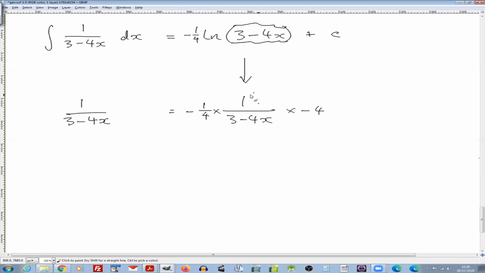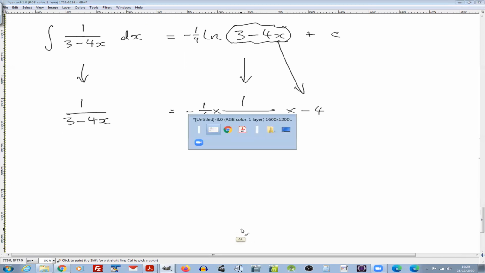Well, of course, I would say 1 over all of that multiplied by the derivative of the inner function, and that would cancel this minus 1/4, and I would be left with 1 over 3 minus 4x, pure and simple, which I was meant to get. So that's the integral of that. Where was I?